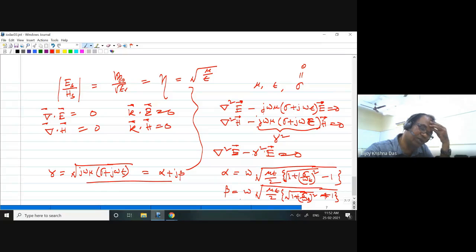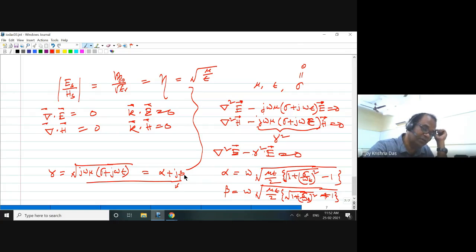That means when sigma equals 0, then gamma is only j beta, which is nothing but the earlier solution, where we used plus k square. If alpha and beta are both non-zero, you get a complex solution.